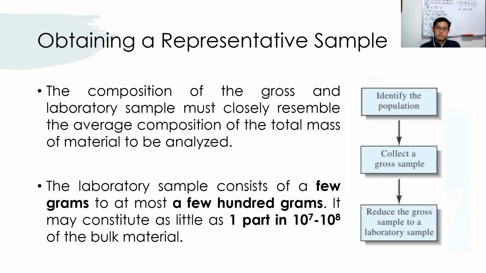So for example, if you want to detect salmonella contamination in your egg, pag sobrang konti ng population ng salmonella mo sa egg, it's possible that you have to use the whole egg. So that may be more than 20 grams to a little more than 50 grams, to have your representative sample.